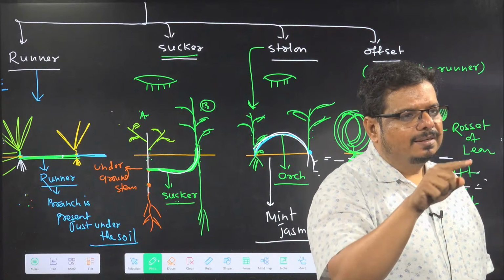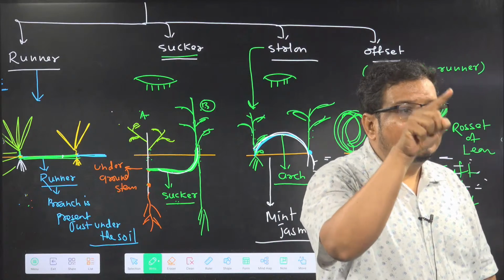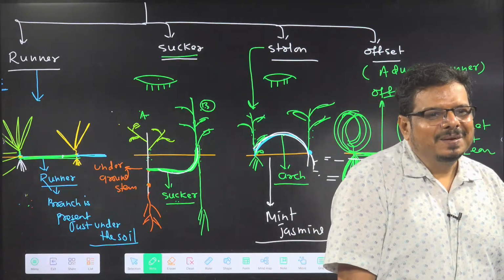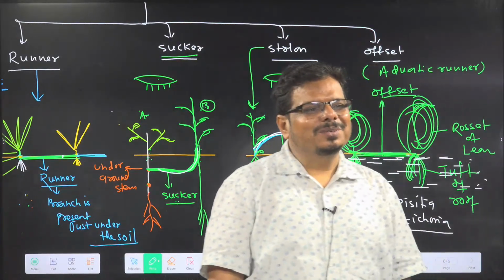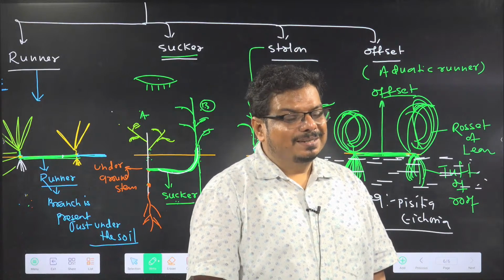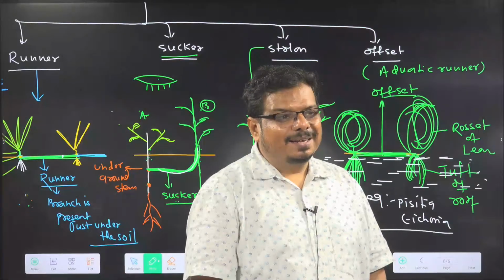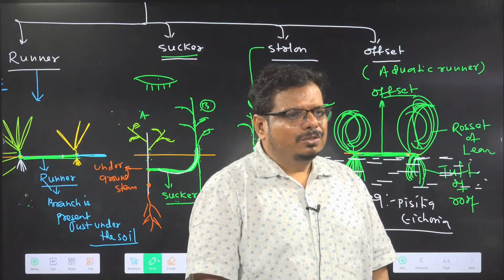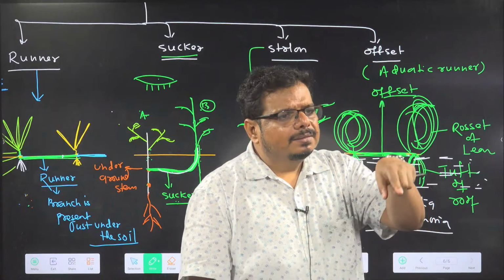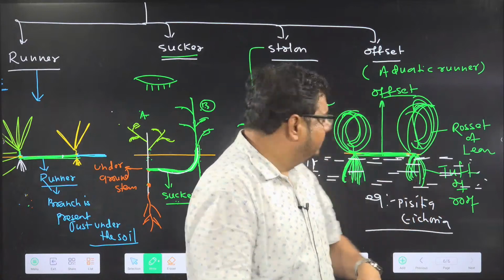In the options, offset was not there. Sucker was there. See how they did the torturing job.